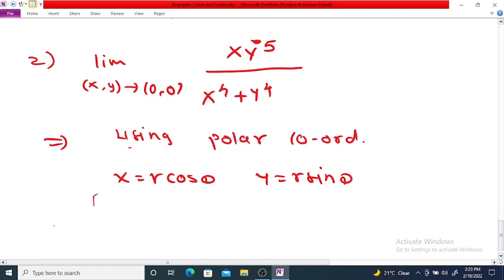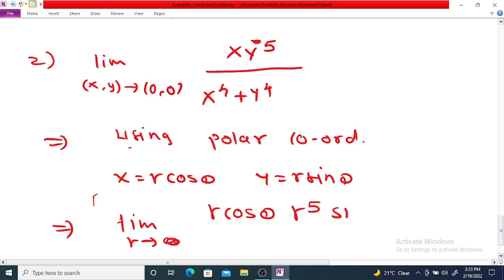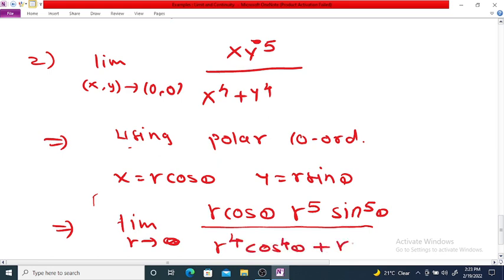We write this as limit r tends to 0 of x, that is r cos theta, times y raised to 5, that is r raised to 5 sin raised to 5 theta, divided by r raised to 4 cos raised to 4 theta plus r raised to 4 sin raised to 4 theta.